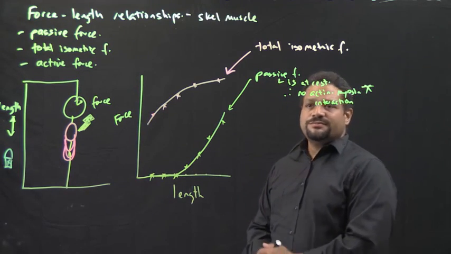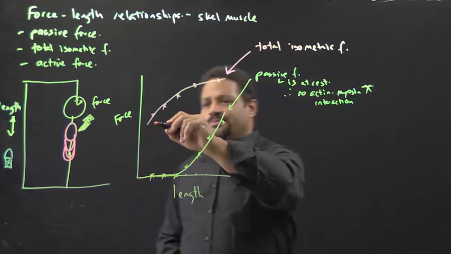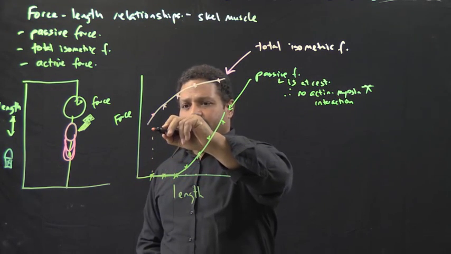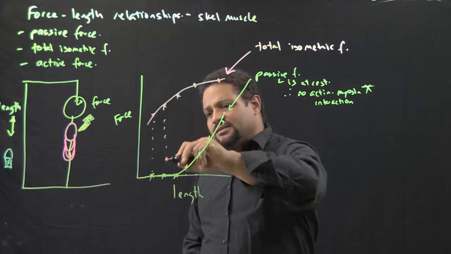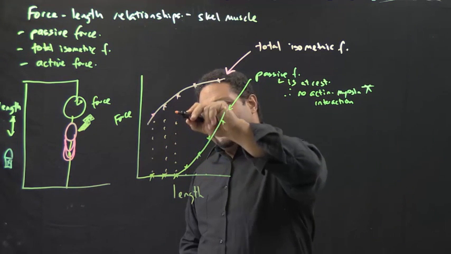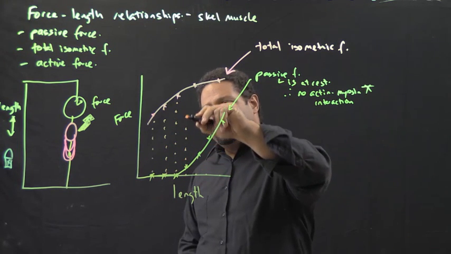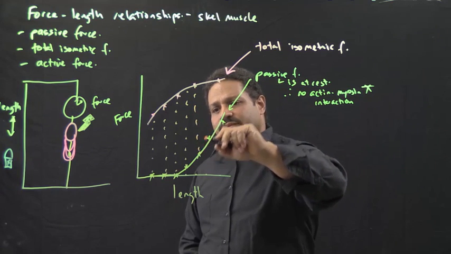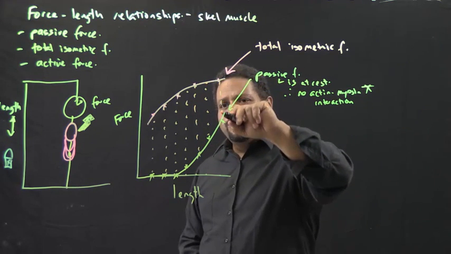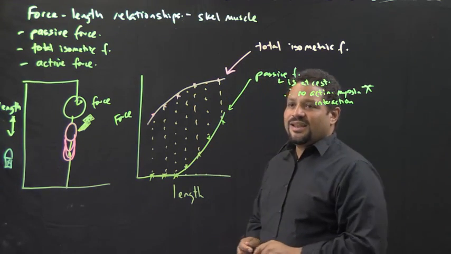Active force is all of this space in between here. All of this is where active force occurs. All in between there, between the passive and the total isometric force lines.